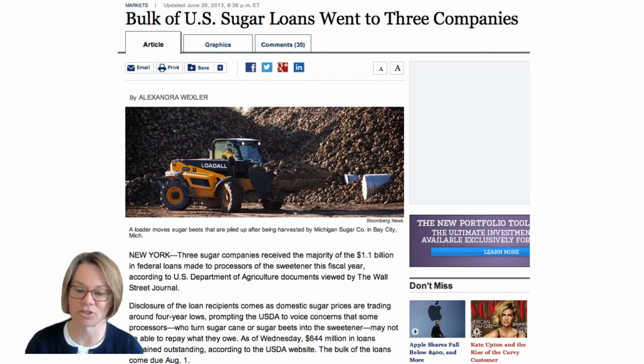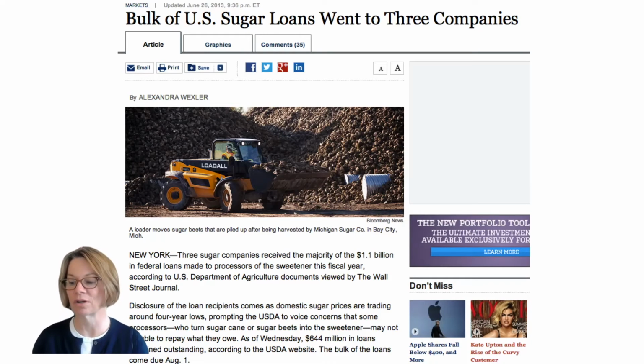Similarly, these small number of sugar companies in the US have very effectively lobbied for protectionism. For example, we have very high tariffs against the imports of Brazilian cane sugar, and those protectionist measures raise the cost of sugar to everyone because they reduce competition.